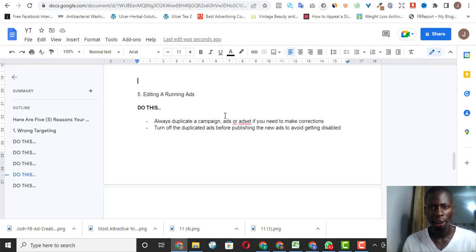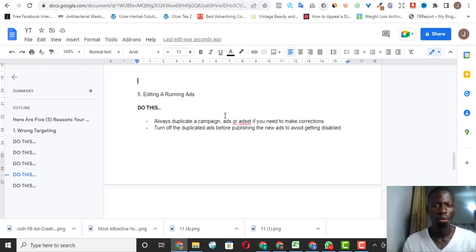If it's an ad set, duplicate the ad set, make the correction and publish it. If it's a whole campaign, duplicate the campaign, correct what you need to correct, and publish it to run. That is the best way to go about making corrections on running ads.